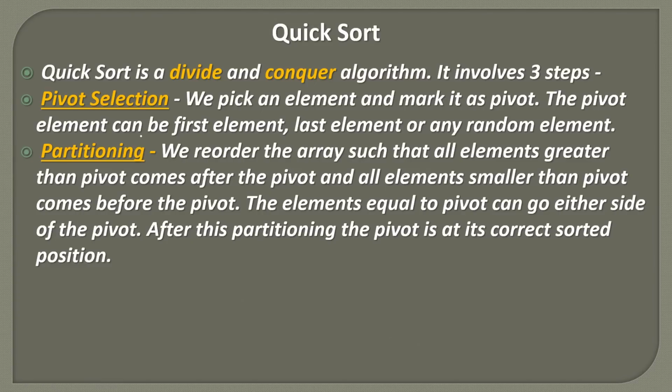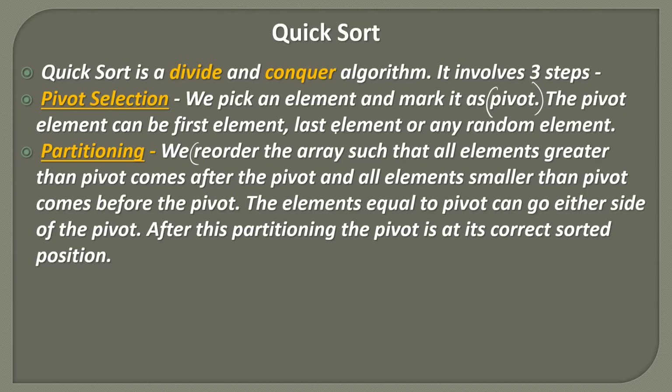In the previous video, we discussed pivot selection, where we pick an element and mark it as pivot. The pivot can be any element: the first element, the last element, or any random element. Based on what we choose as our pivot, we do the partitioning.